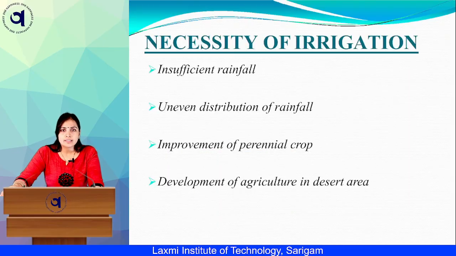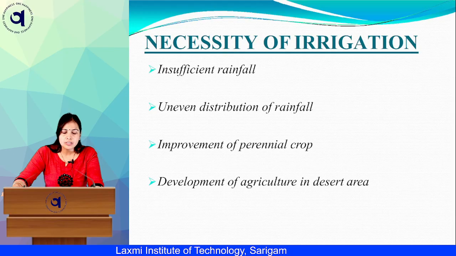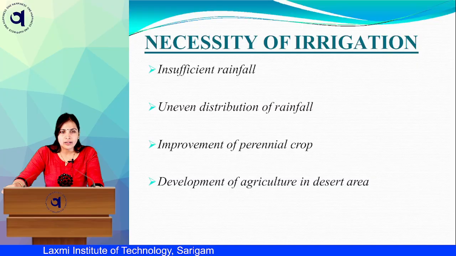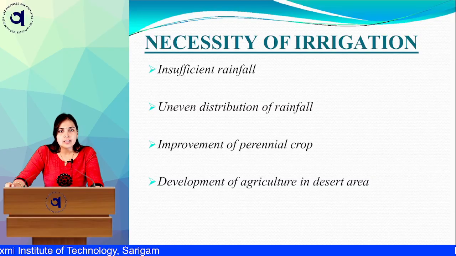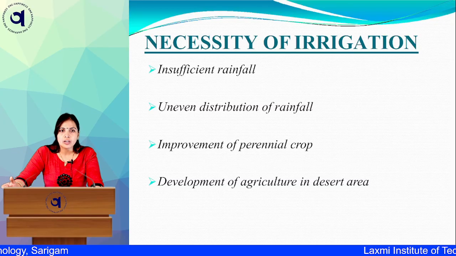So what is the necessity of irrigation? What do you understand by necessity of irrigation? It means how the need arises that irrigation engineering should be there. The necessity of irrigation arises due to insufficient rainfall, as we are an agricultural country.